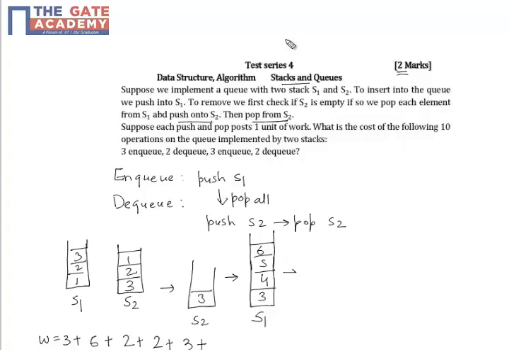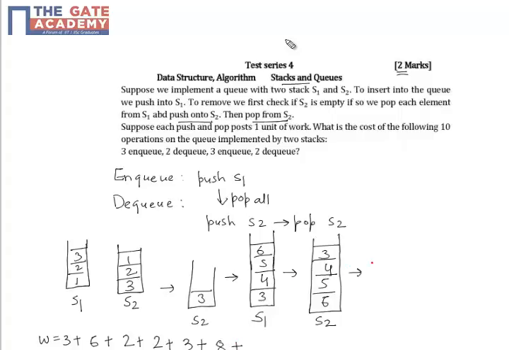To perform the DQ operation, I will pop all these elements out, push them into the stack S2, and then I will perform a pop operation. The elements of S2 will be 6, 5, 4 and 3. This is the stack S2, and S1 is empty now. So we have done 8 units of operation here, 4 pushes and 4 pops.